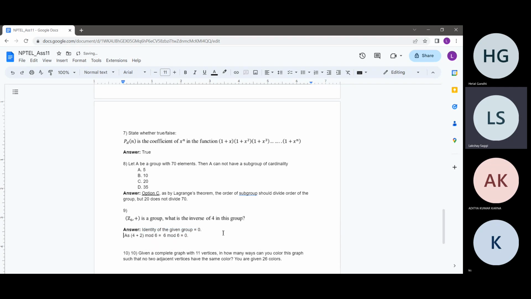So we want a number x such that 4 plus x mod 6 is 0. From this you can easily see that x will be equal to 2.